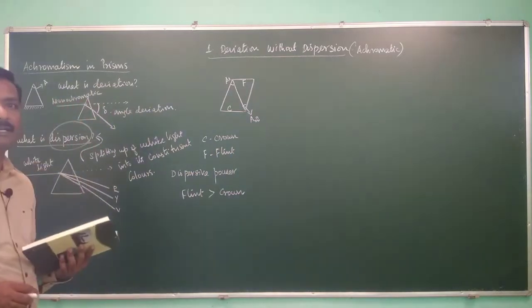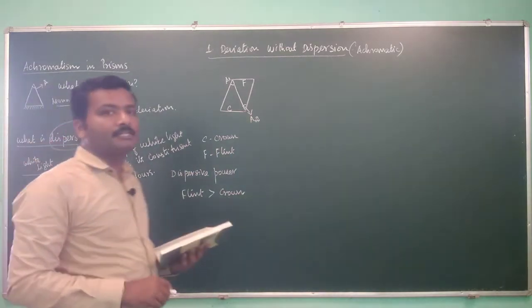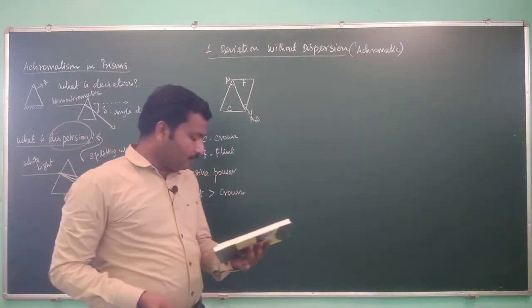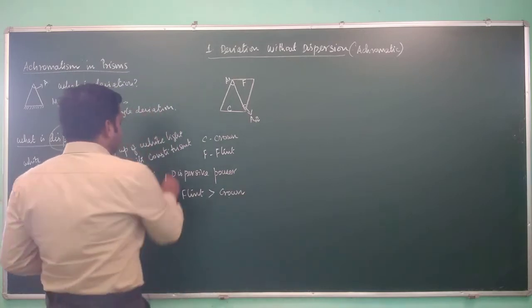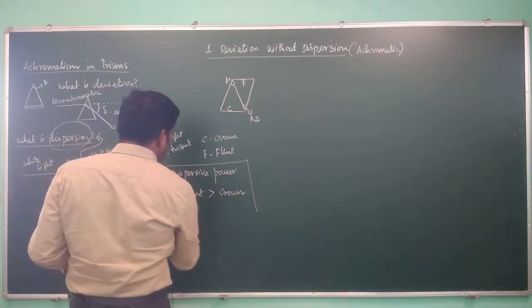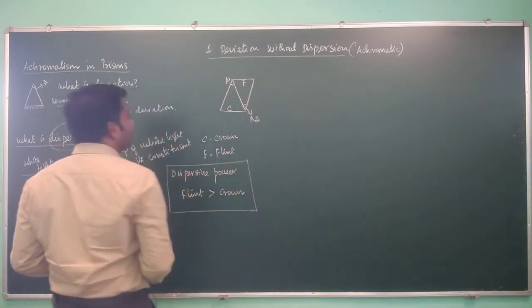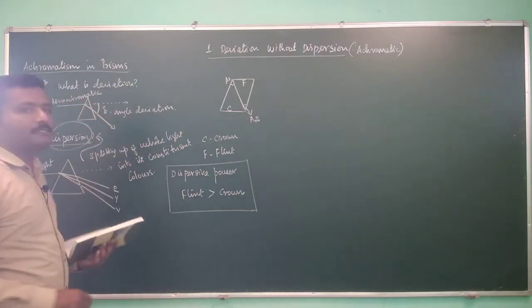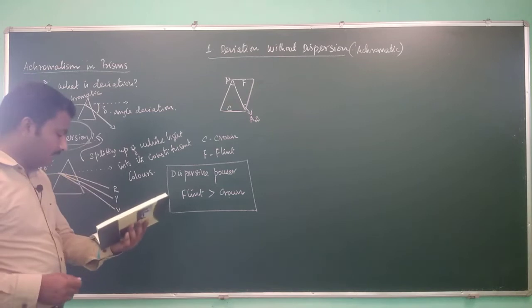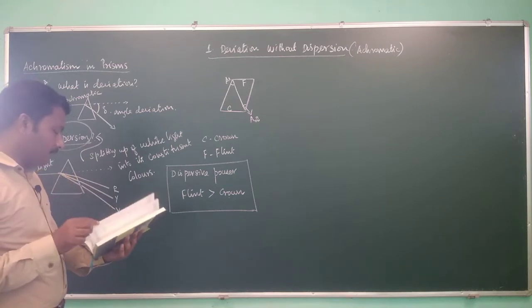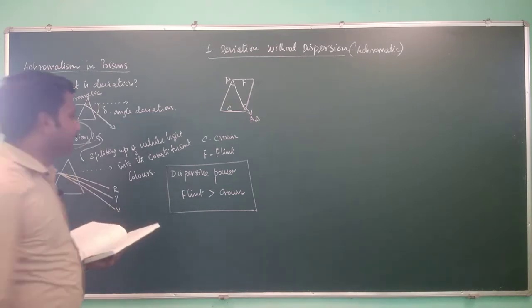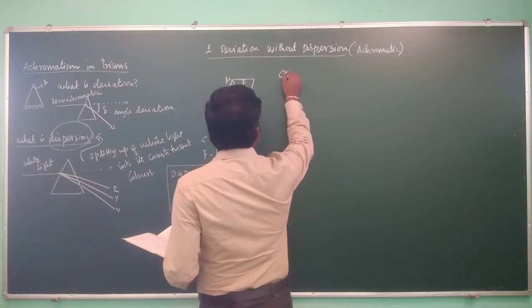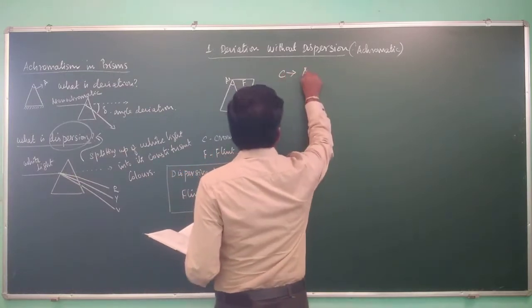As I said earlier, different materials have different dispersive powers, so here we emphasize that the dispersive power of flint prism is greater than the dispersive power of crown prisms. Fine. Let's consider crown prism.